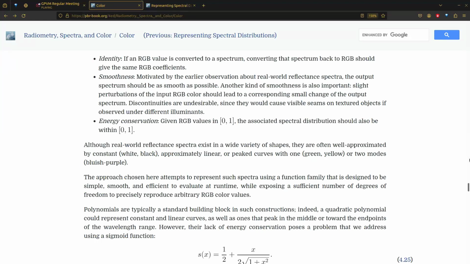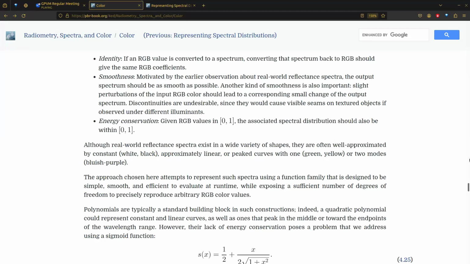Smoothness, motivated by the earlier observation that real-world reflectance spectra should be smooth. Another kind of smoothness is important. Slight perturbations in the input RGB color should lead to a correspondingly small change of the output spectrum.